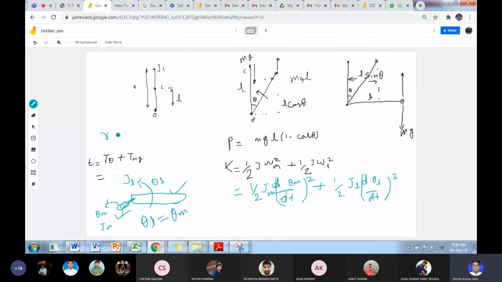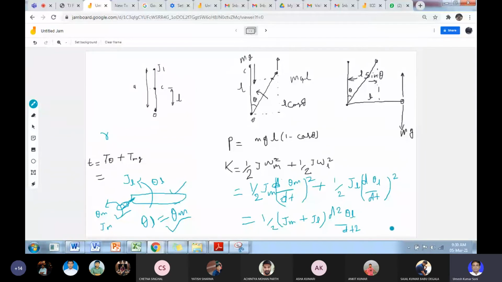So here we assume that theta L equal to theta m, so 1/2 (J M plus J L) (d theta L upon dt) square.